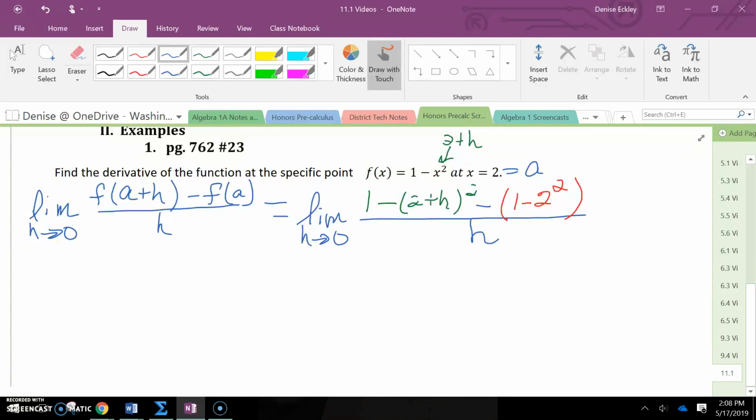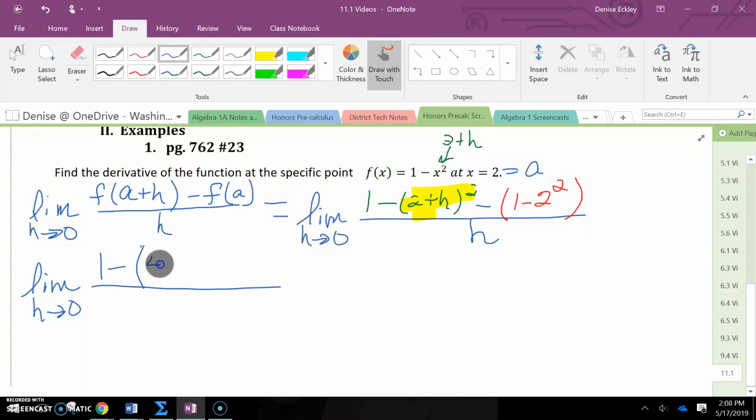So at this point, it's just going to require a lot of simplifying. So we're going to have the limit as h approaches 0 of 1, and I'm going to expand my first parenthesis. And when I do that, I'm going to have 1 minus, and I want to keep that parenthesis there because I'm going to have to distribute the negative to the entire expansion when I'm done.